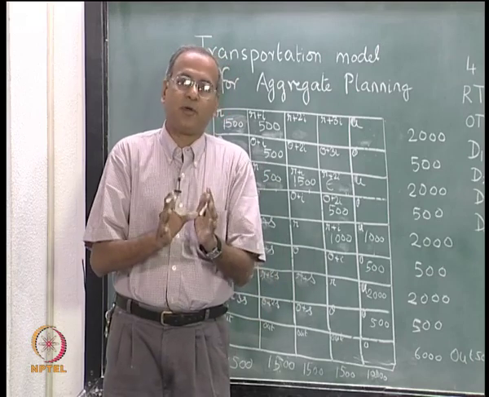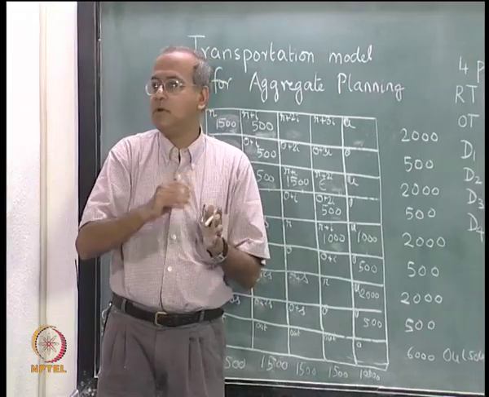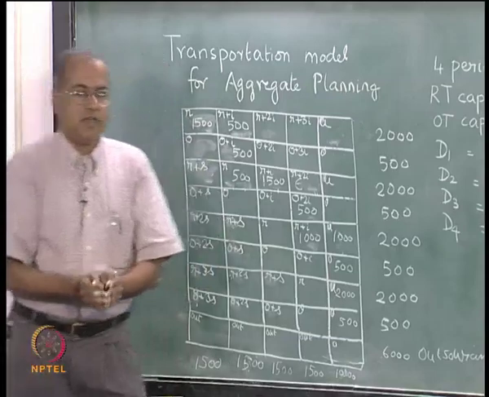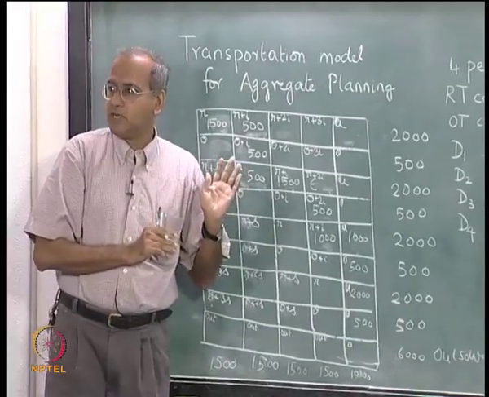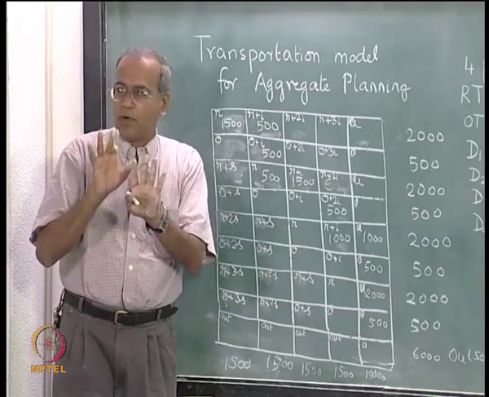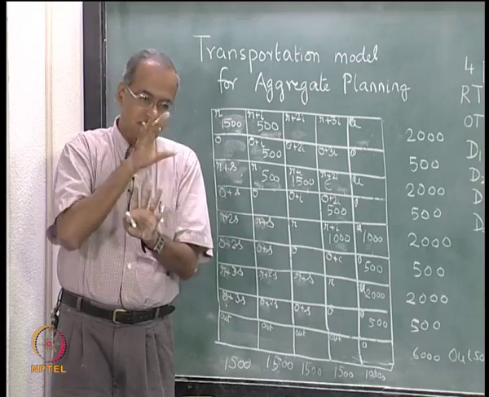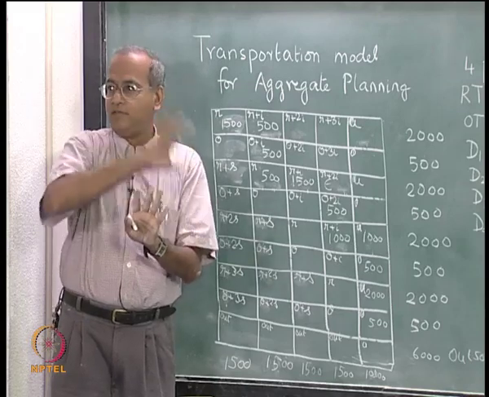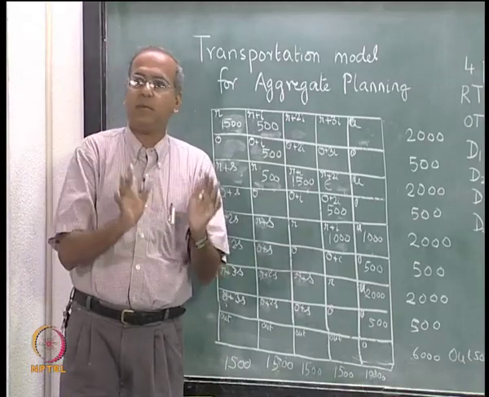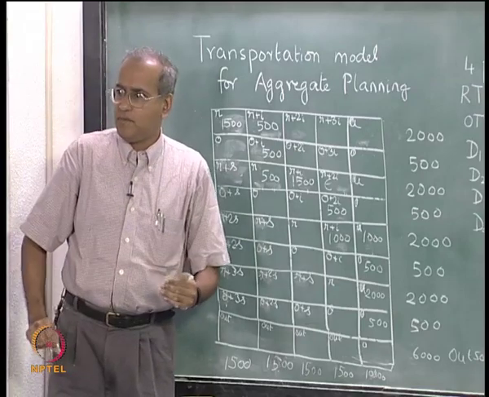But linear programming has the additional advantage of being able to model hiring and laying off, which we will not be able to do in the transportation. So, under the same set of assumptions, wherever it is possible to solve using transportation, the same solution we will obtain if we solve by linear programming. But the LP model is a little more versatile than the transportation model.